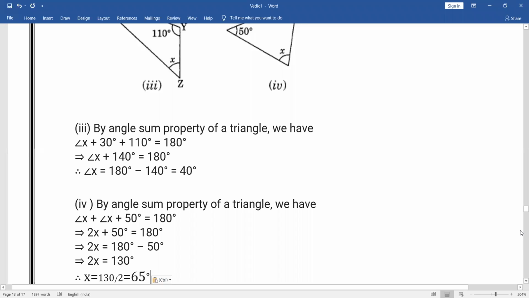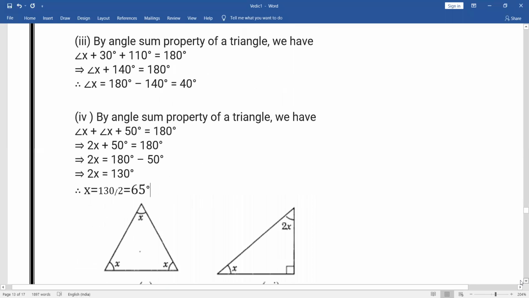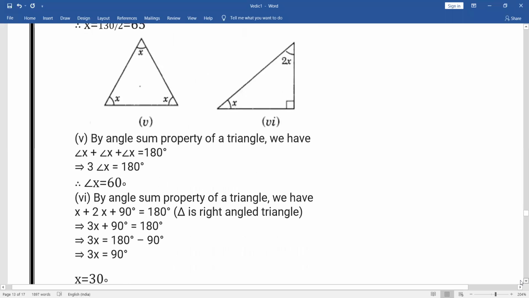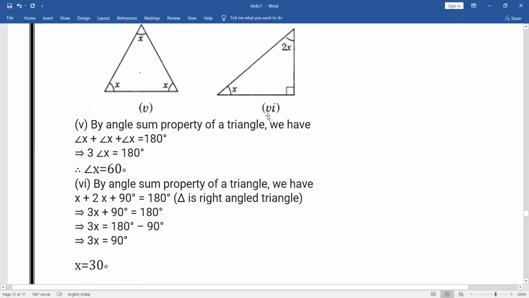Now see the fifth part of our question. Have a look. Just see, these two are the fifth and sixth part. Now again in the fifth part, just see the diagram. As per the diagram, three angles are there, and all these three angles are equal.